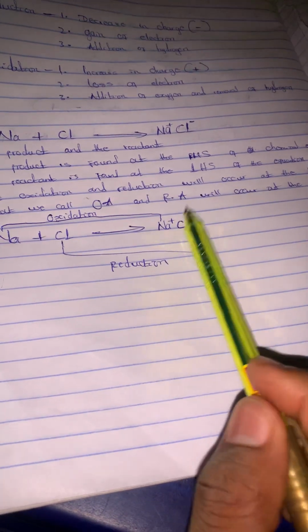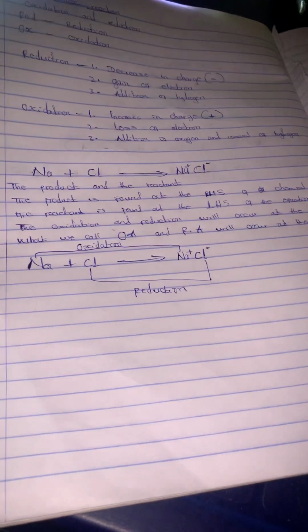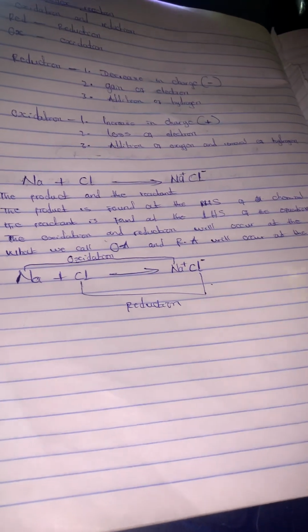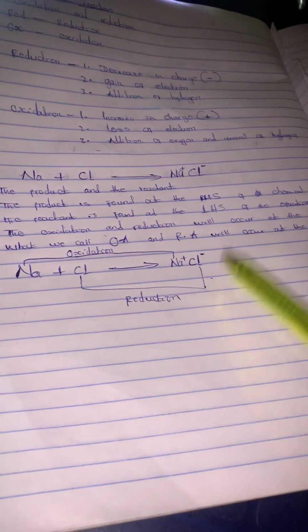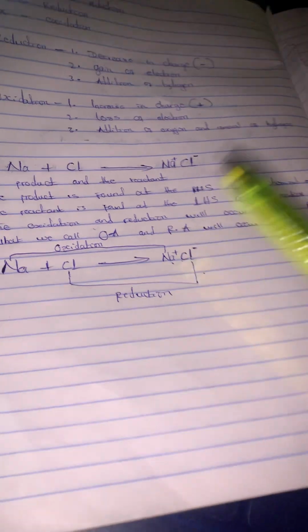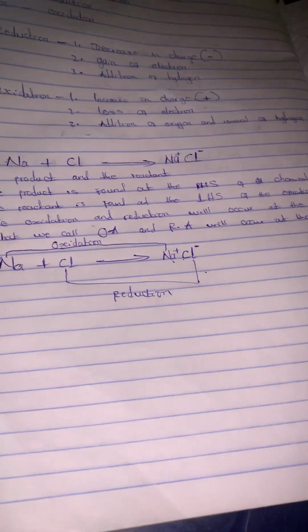Remember what we said earlier, that reduction is decrease in charge. If you look at the products, remember what I said? I said oxidation or reduction will occur at the right hand side. Now, if you go to our definition, decrease in charge, chlorine is the one bearing the decrease in charge. So it is the reduction. Sodium is the one bearing the positive sign.